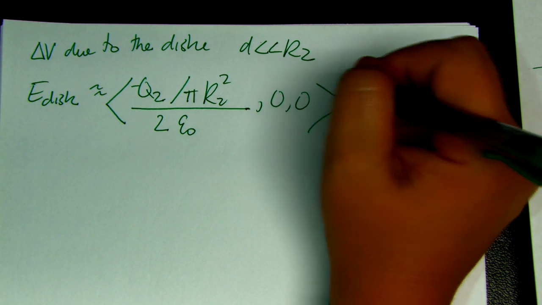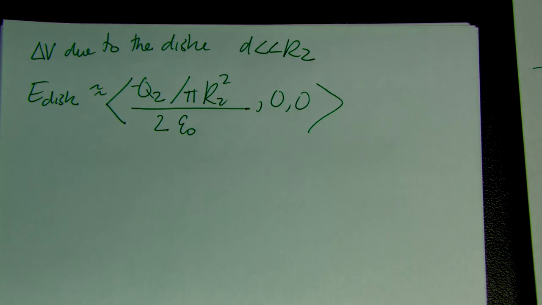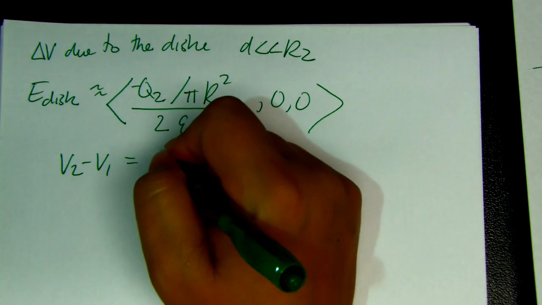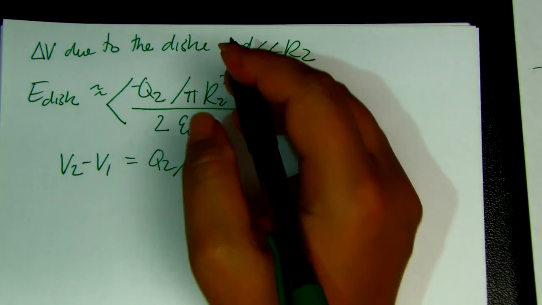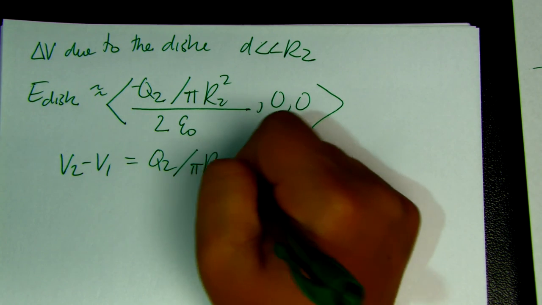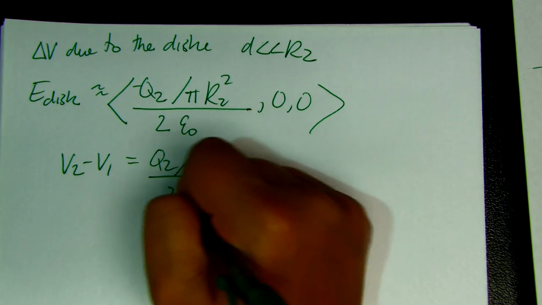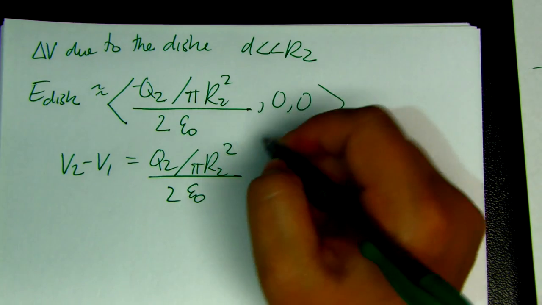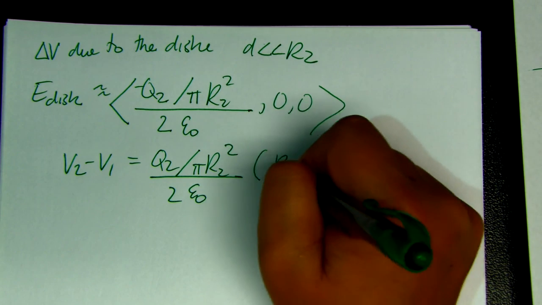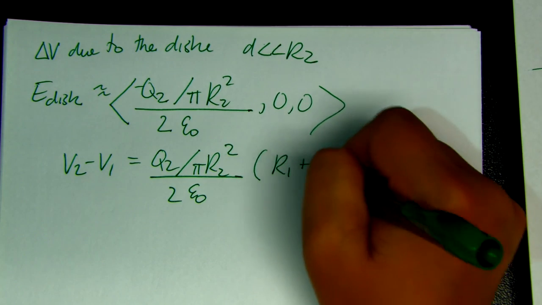And there's no need to integrate. Classically, you can prove this. V2 minus V1 is equal to Q2 over pi R2 squared over 2 epsilon naught times R1 plus D.